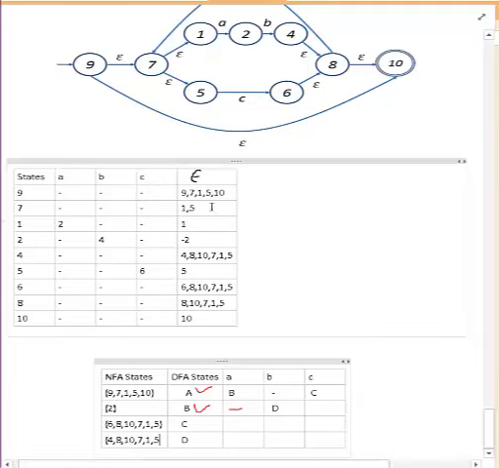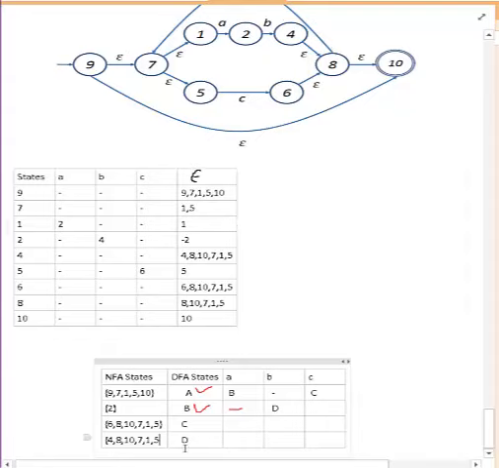That's called D. It's a new reachable state, and I'm writing it here.